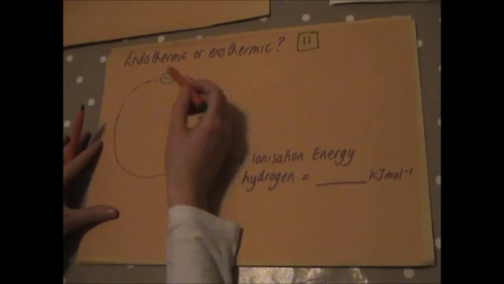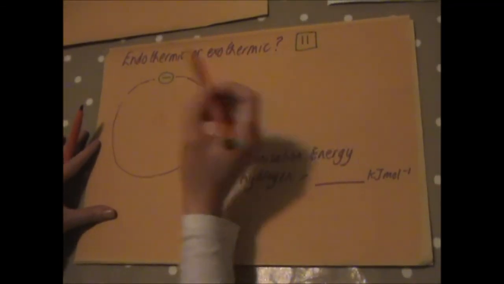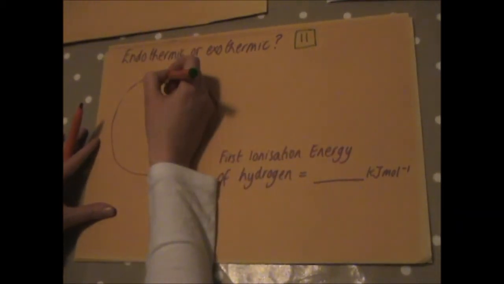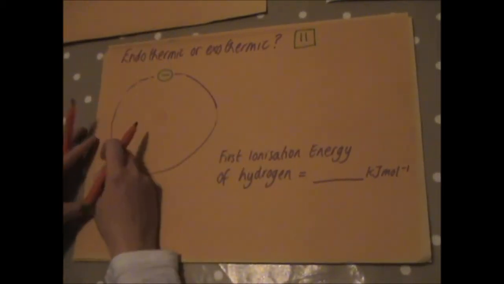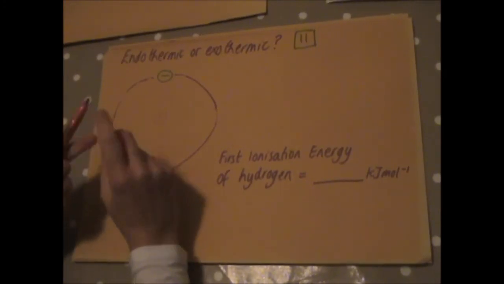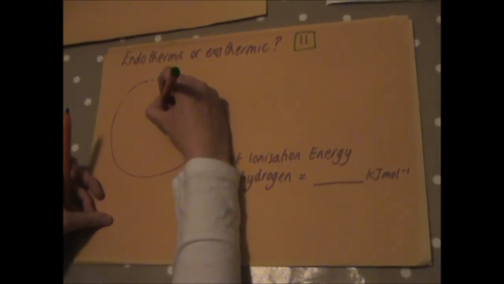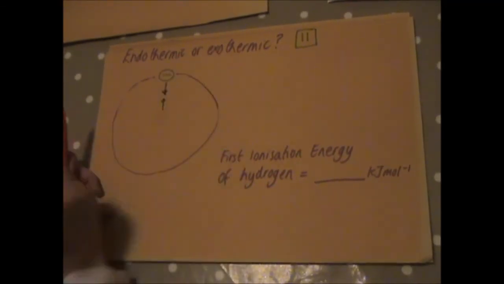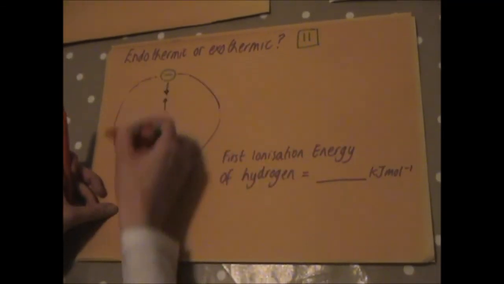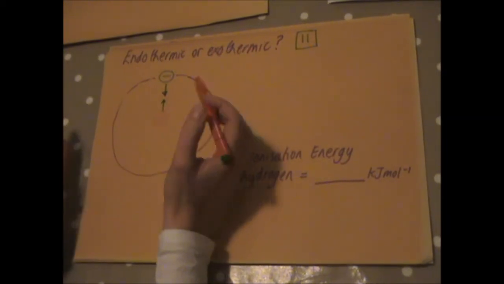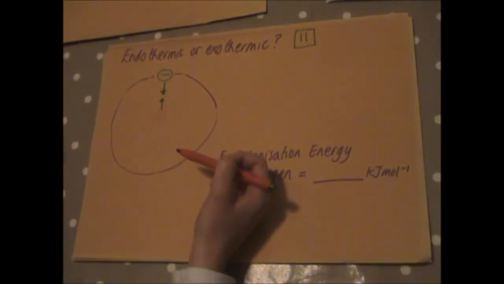Okay, so what I've done here is just drawn a hydrogen atom, really simple, 1 proton and 1 electron. So because these have opposite charges, they are going to attract each other. And that's what holds the electron in that first shell around the nucleus.